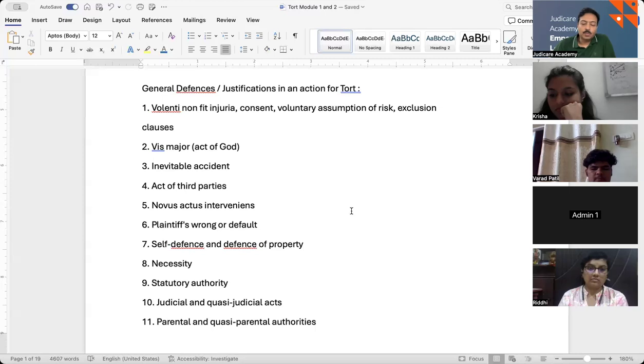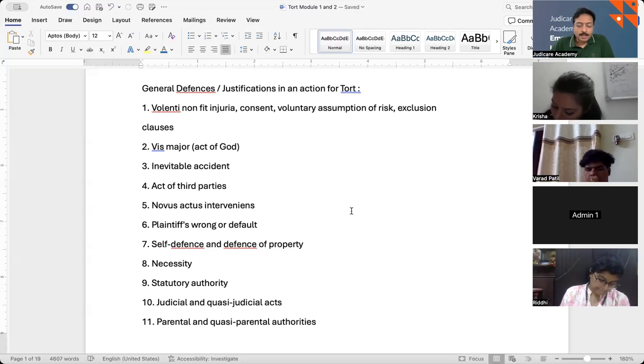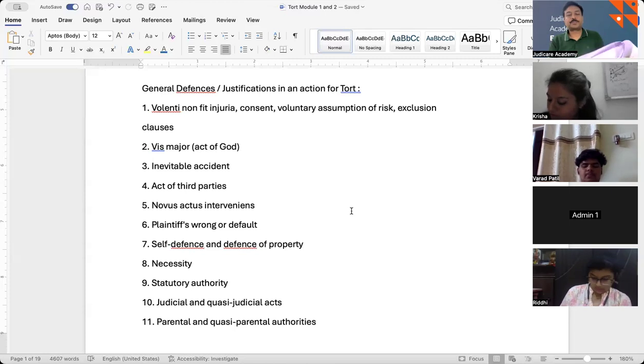For example, the Crown Proceedings Act of 1947. This legislation outlined the protection for public officials and judges regarding claims for negligence or other torts related to acts performed in the course of their duty.